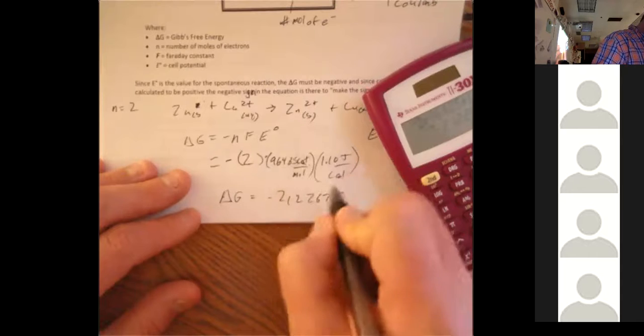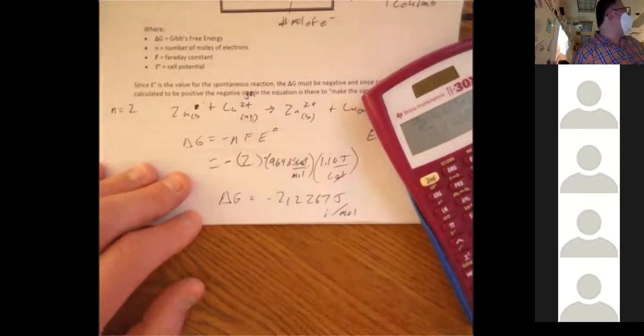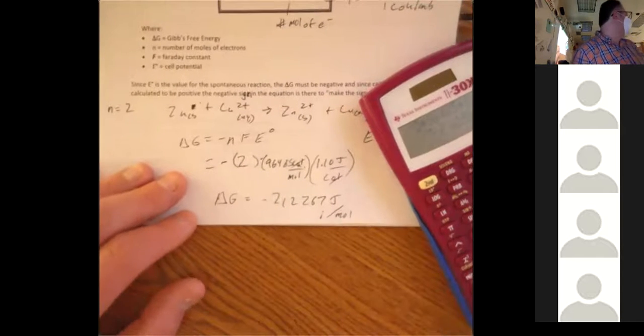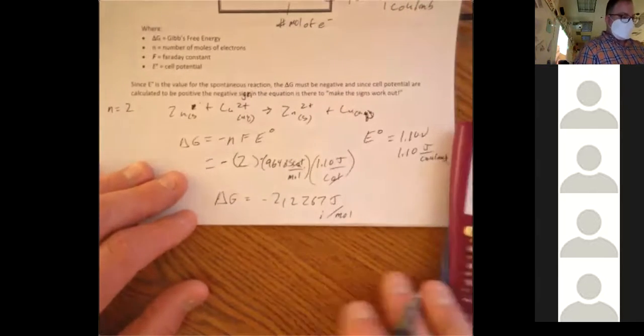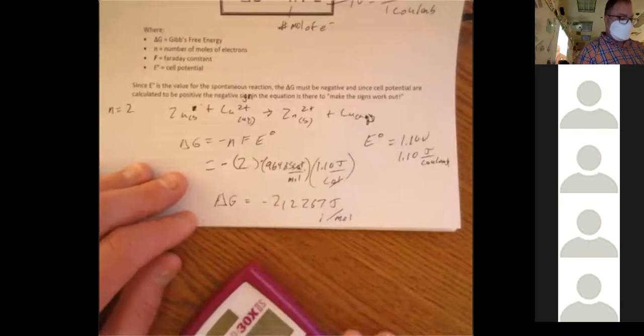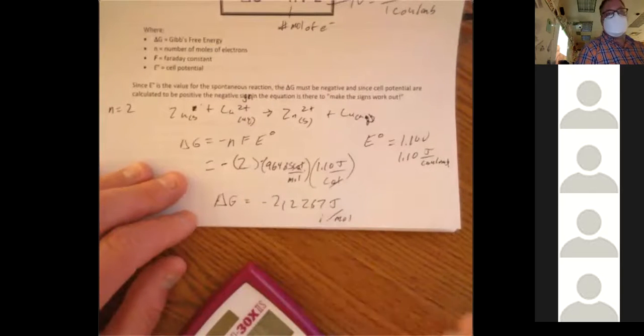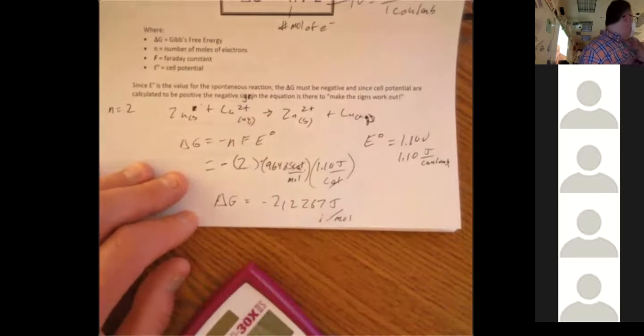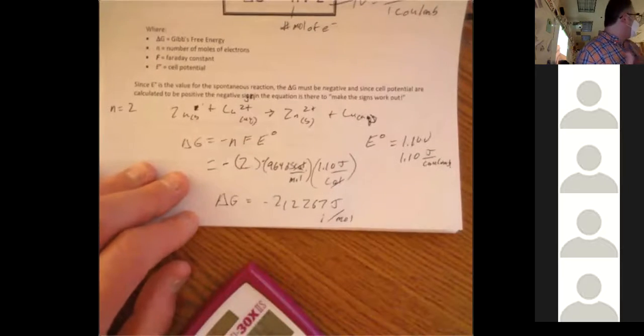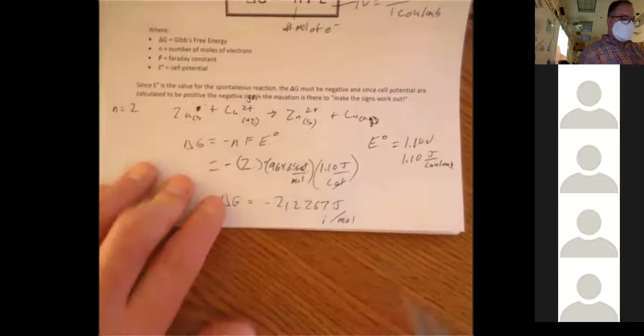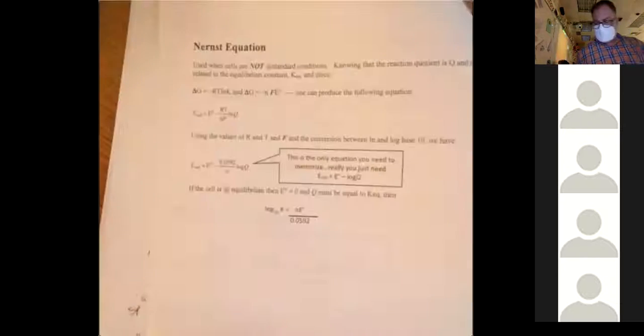If we wanted to, we could divide that by 1,000 and convert it to kilojoules. Sometimes we do need to make sure that our delta G units match up with our delta H units and other formulas, so that may be something that we would need to do.